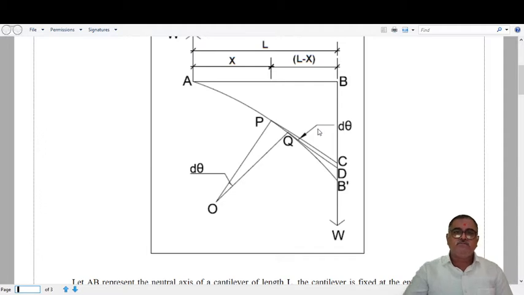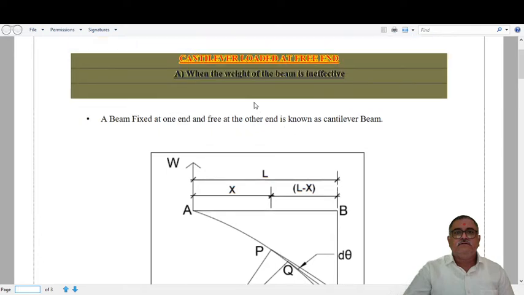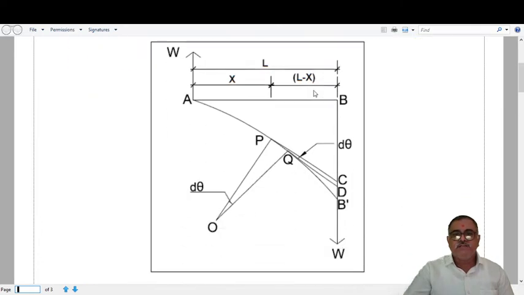See now, again from these points P and Q, we will make tangents which touch the vertical line BB dash at C and at D. This is nothing but the geometry of the cantilever, where the weight of the beam is ineffective.